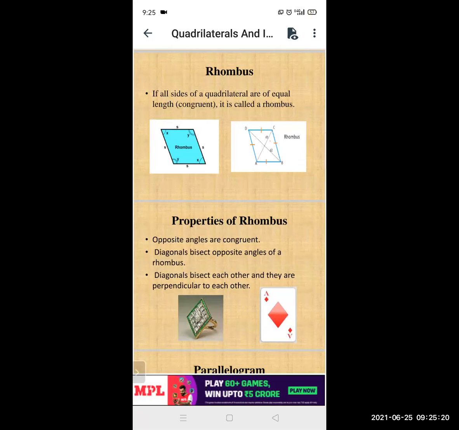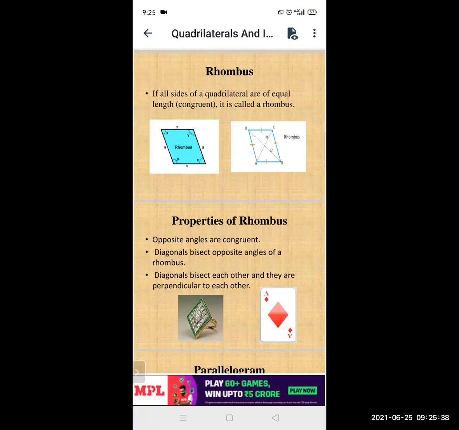See here, I have given some examples. Whenever you are playing cards, one card is called a diamond, and that diamond is a rhombus. You have spade, heart, diamond, and one more.